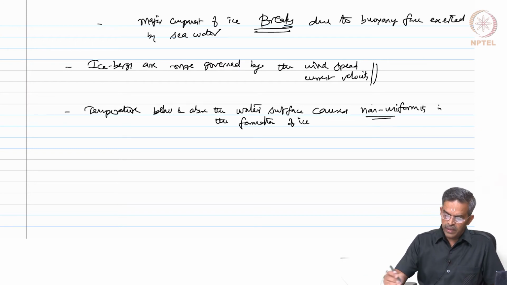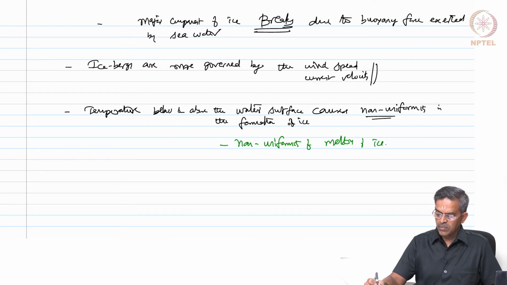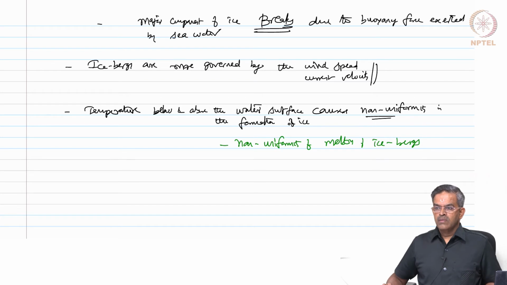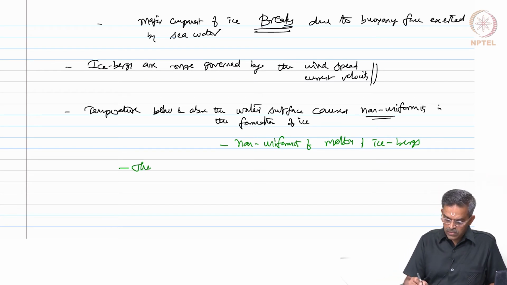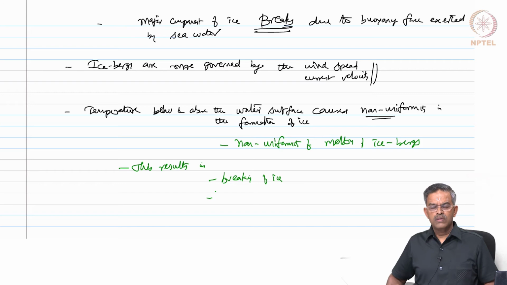Where is the non-uniformity occurring? The non-uniformity comes from non-uniformity in the melting of icebergs. This therefore results in breaking of ice; unless it is broken, it will remain as a continuous sheet.